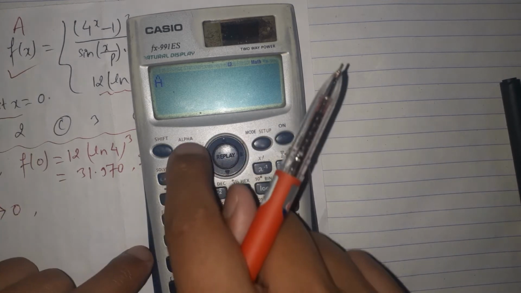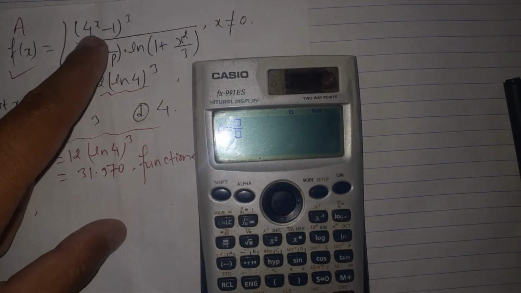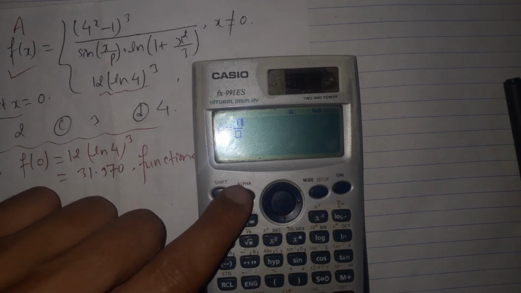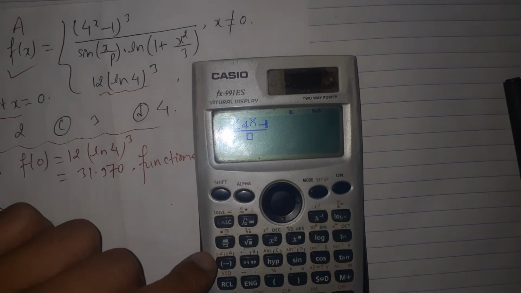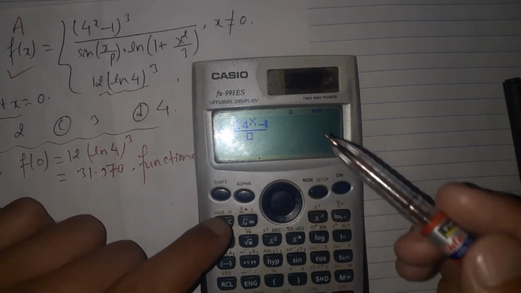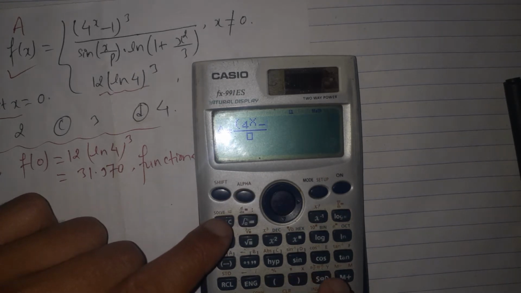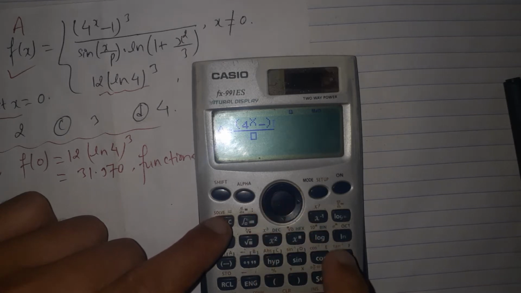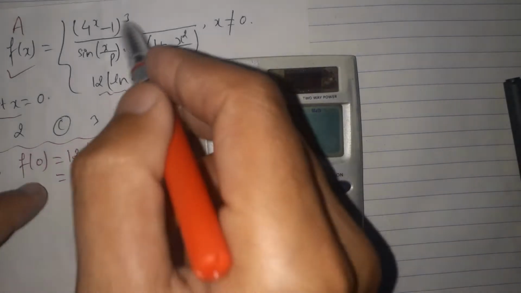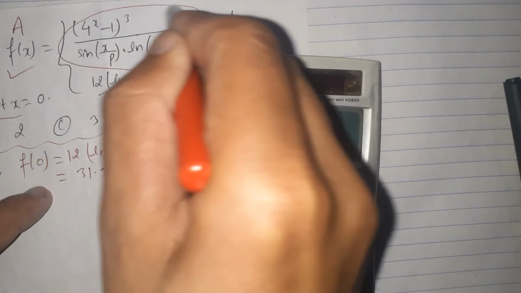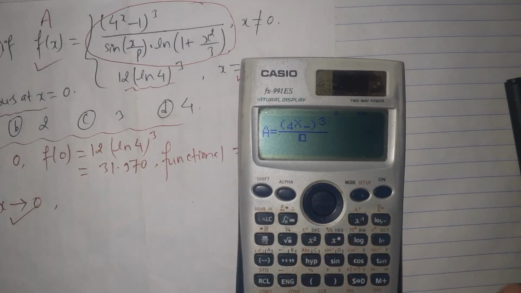Then for equals, press alpha and the cancel button, and type the function. It is 4 to the power x minus x, and for typing x we press alpha and then x, raised to the power 3. This is the numerator of the function. I am typing the first piece because it is for x approaching 0.